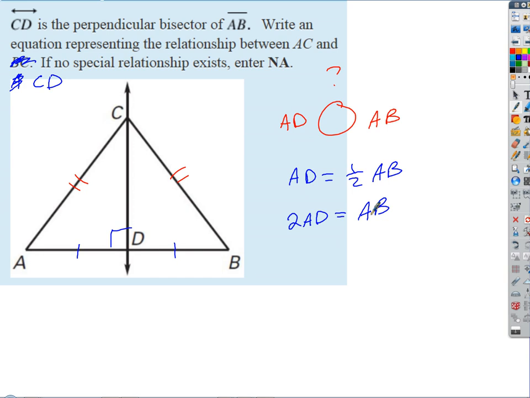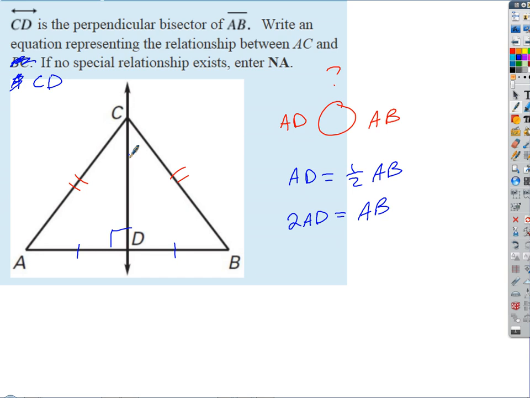Can you be told from this picture what relationship is NA? Well, like the last one, because we don't know the relationship between AC and CD. We don't know that AC equals, who knows, 1.5 times CD.